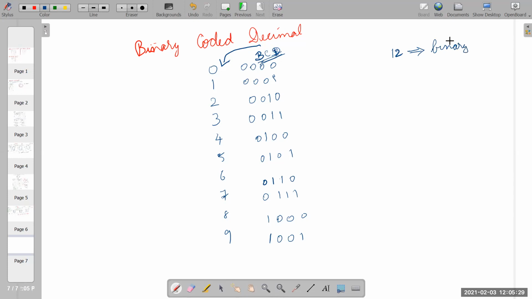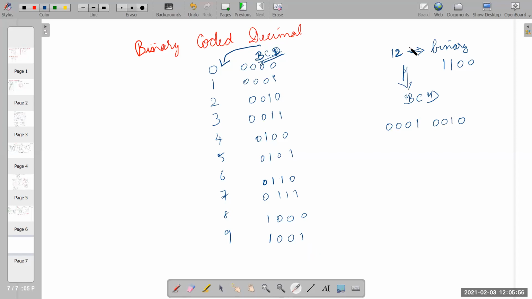What is 12 in binary? 8 plus 4 plus 0 0, that is 1100. But the same 12 in binary coded decimal, 1 you should separately say 0001, 2 we have to separately say 0010. Can you understand the difference? Up to 9, both binary and BCD are the same.